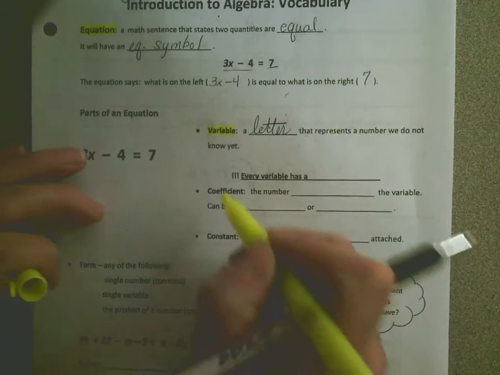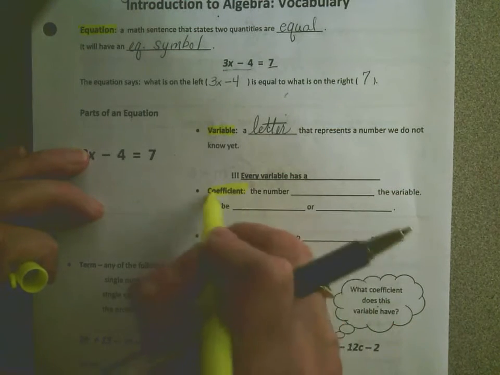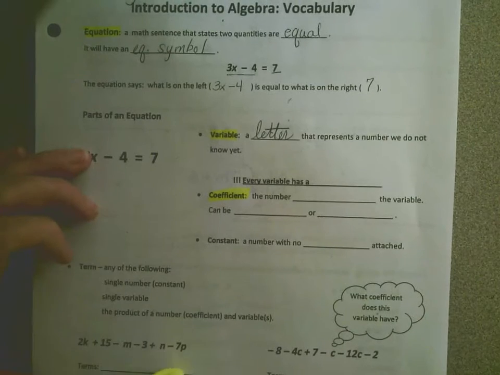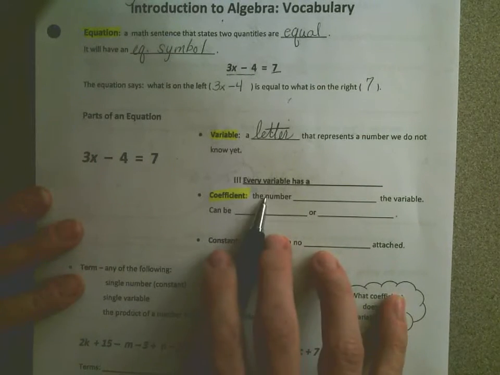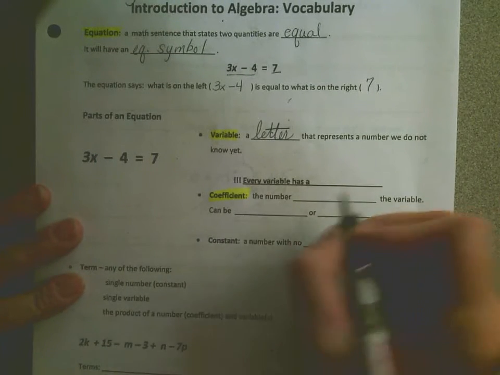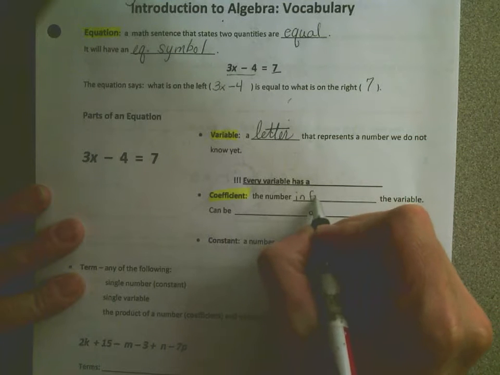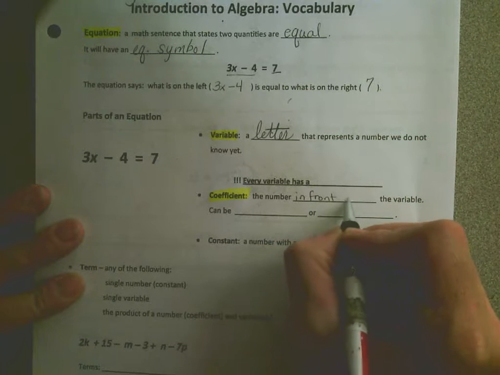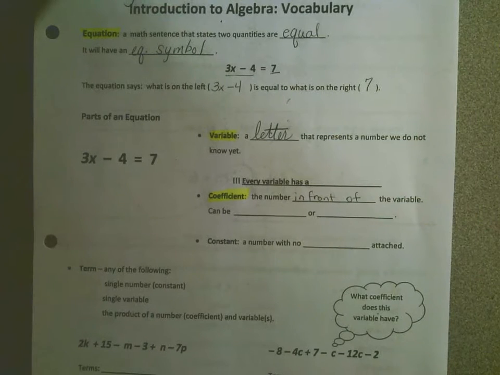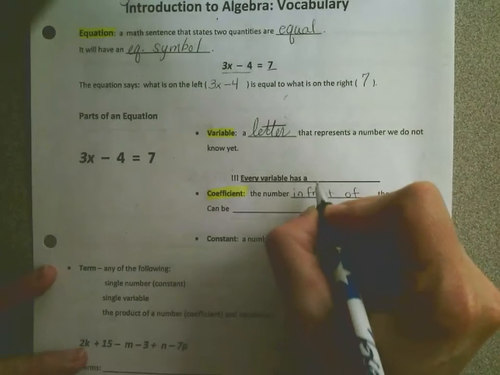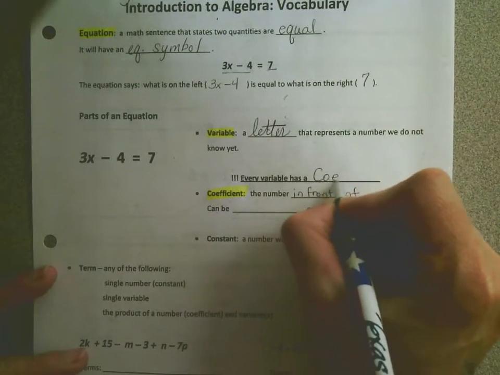Coefficient. Make sure you're highlighting with me. Coefficient is the number in front of the variable. The coefficient is the number in front of the variable. By the way, every variable has a coefficient.